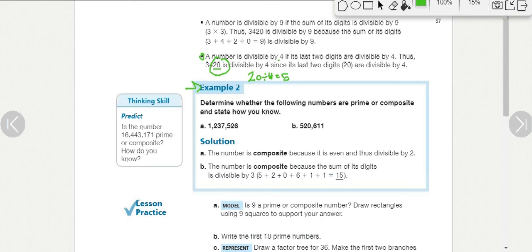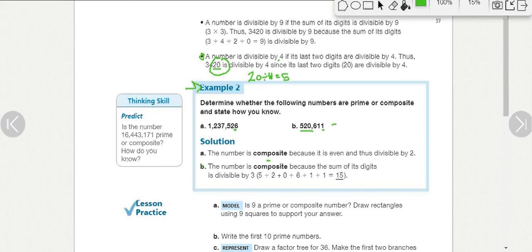Are these prime or composite, and how do you know? We know this one's composite, meaning it can be divided by more numbers than just itself and 1 because it's an even number. Prime numbers are never even except for the number 2. How about 520,611? Let's try adding the digits. It's not even. It doesn't end in 0 or 5.